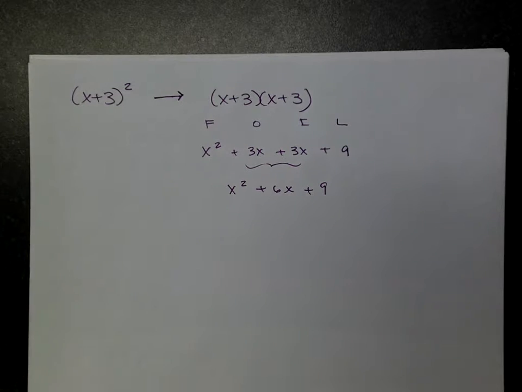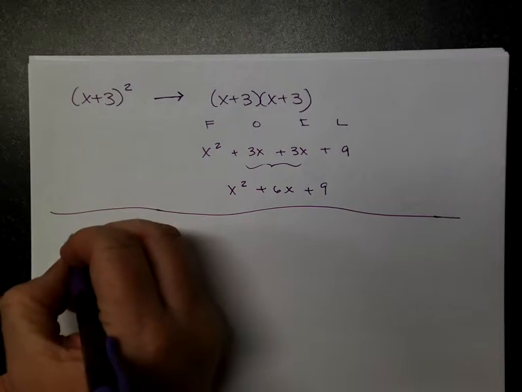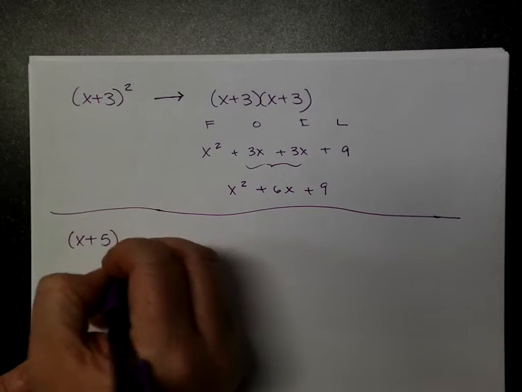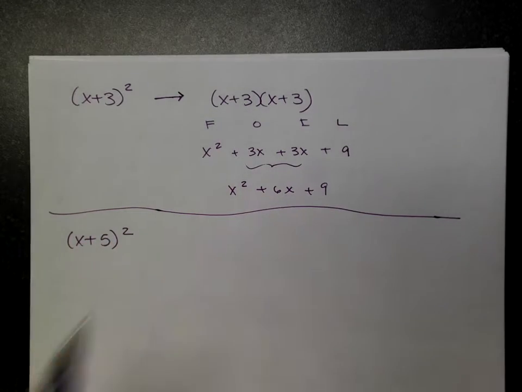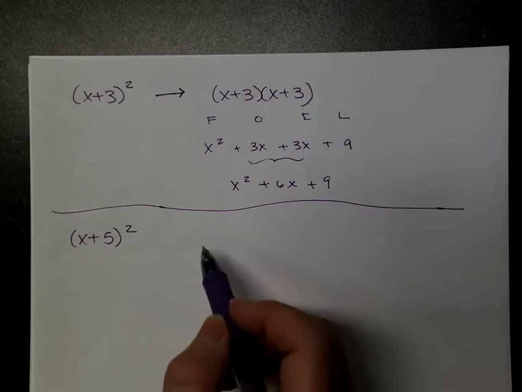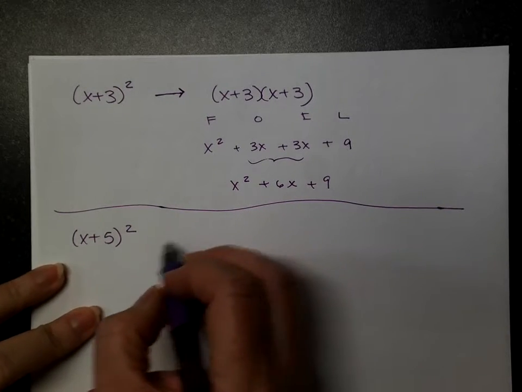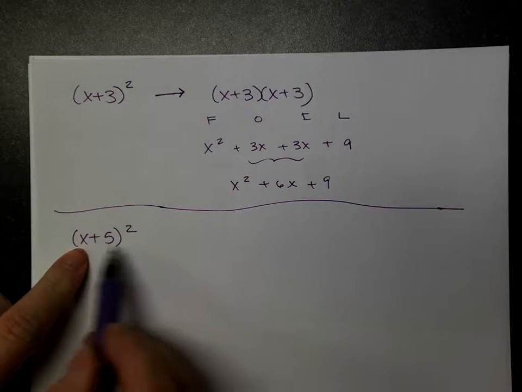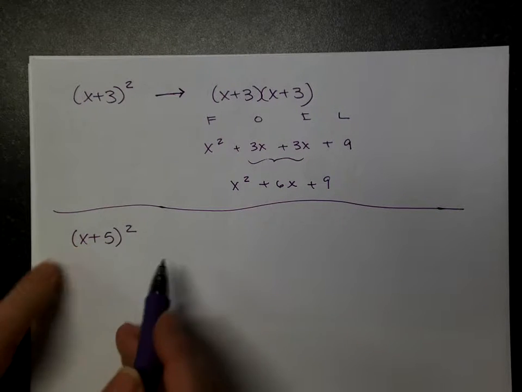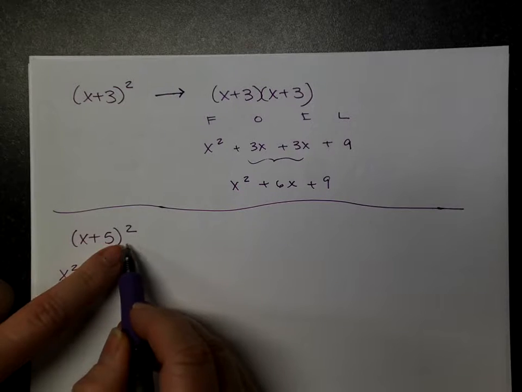Okay? So with that idea in mind, let's take x plus 5 squared, and without expanding and FOILing it, let's multiply it. I want you to think of this not as a formula that I'm about to write out, but as a mental FOILing. Okay? So first, you're going to have x times x. What does that give you? Then you're going to have your outside and your inside, which are going to be the same thing.